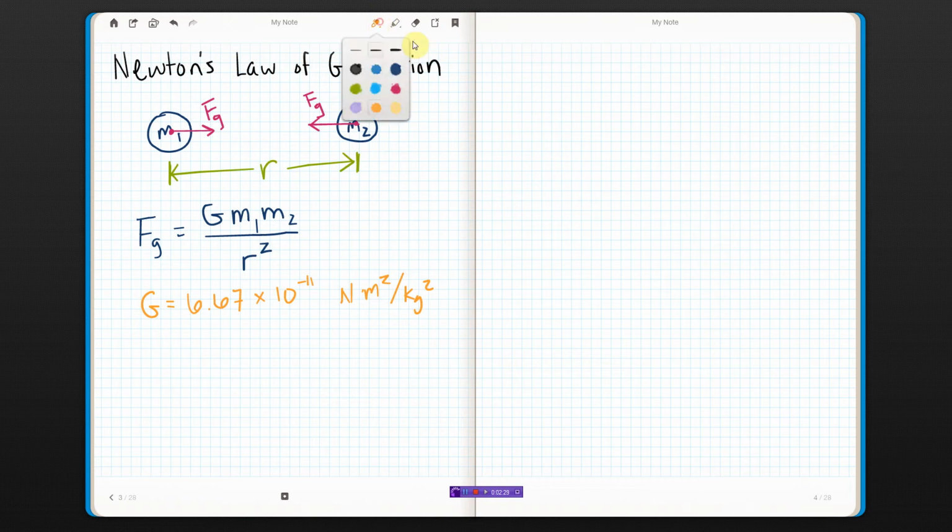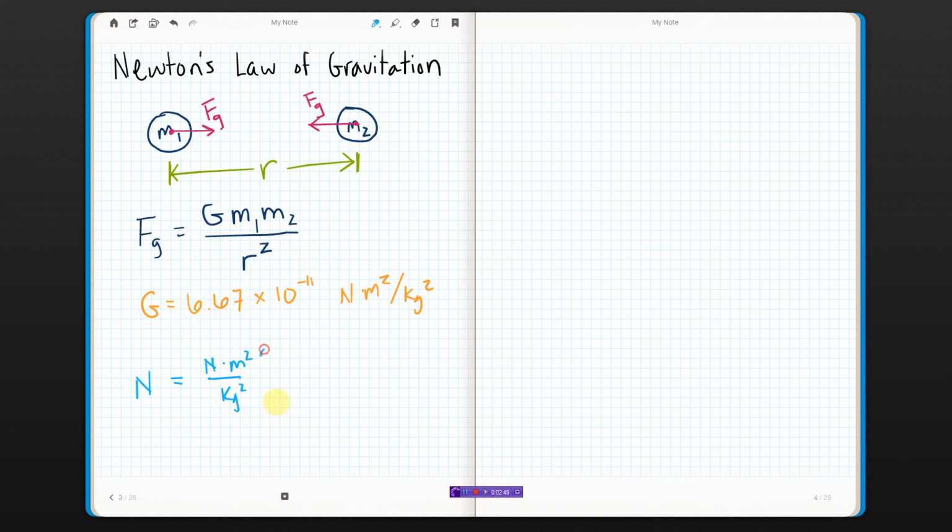So let's try out the units in the equation. I want the units of force to come out, and those are newtons. G has these units, Newton meters squared per kilogram squared.